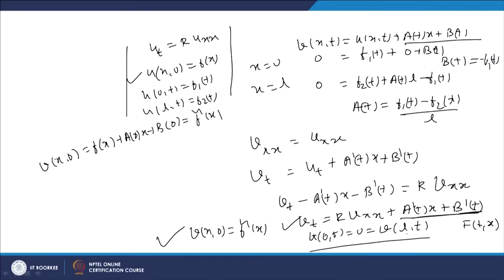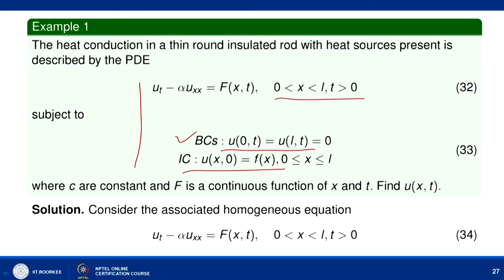In fact, whenever we have a non-homogeneous boundary condition, we handle it as in the previous case which we have written here, and by doing this we can make our boundary condition homogeneous, but there is some additional term present in the equation, which is given in this form.